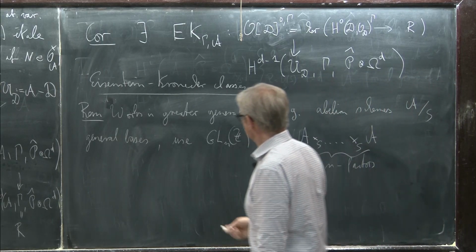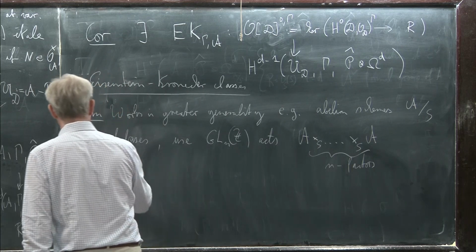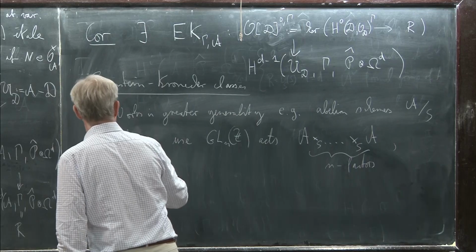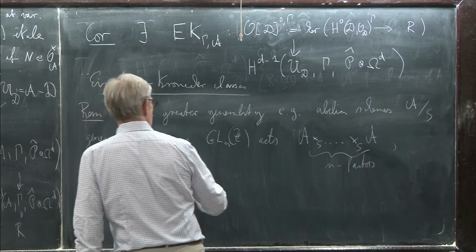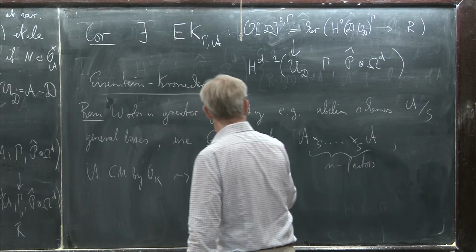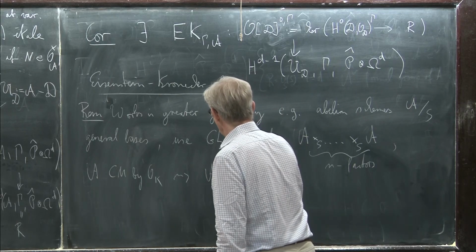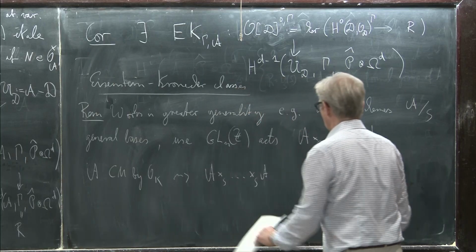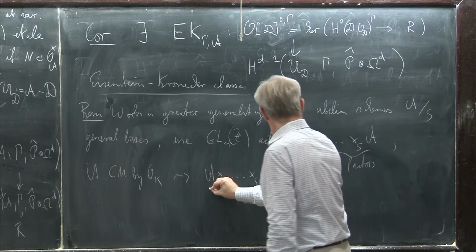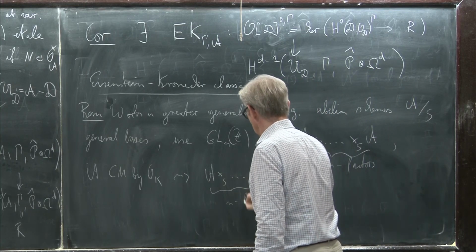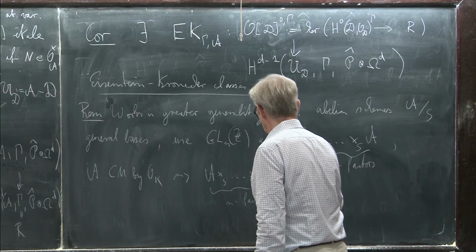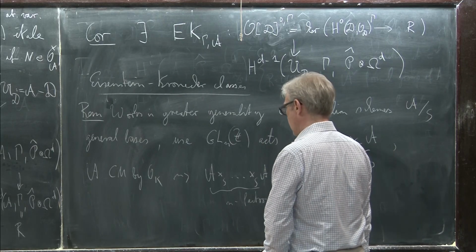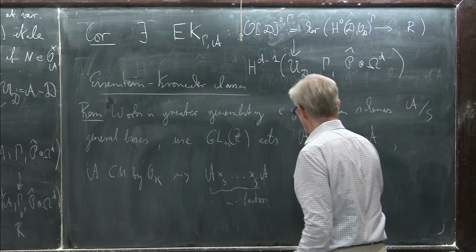And if A has CM by K, A has CM by O_K, then you can also take the product of these varieties, n factors, and you get that you have an action of GL_N(O_K).